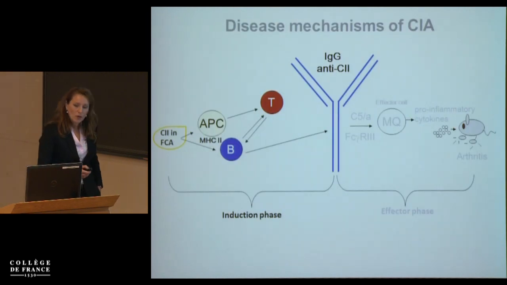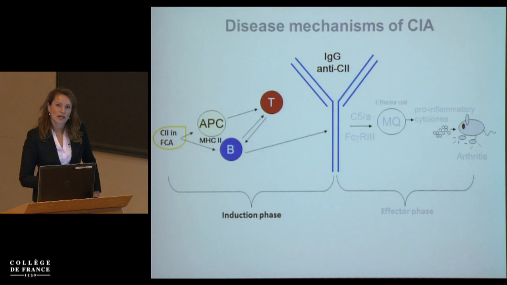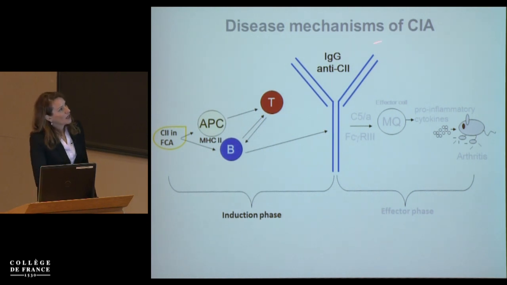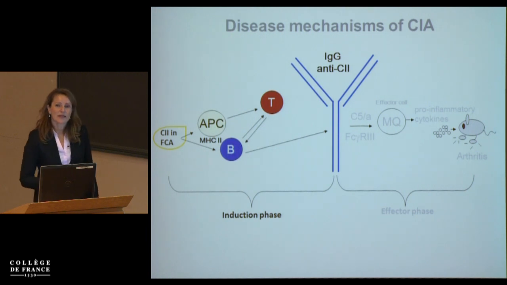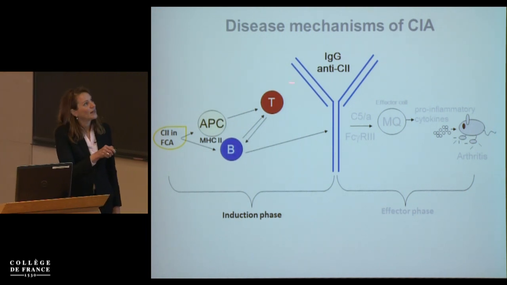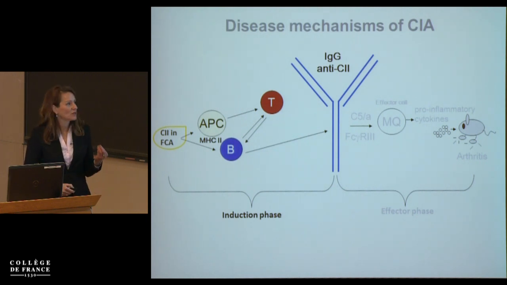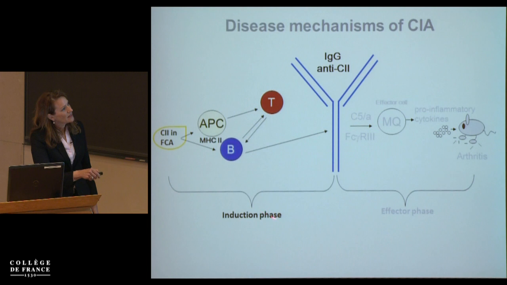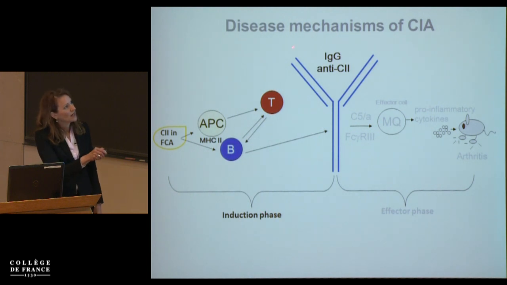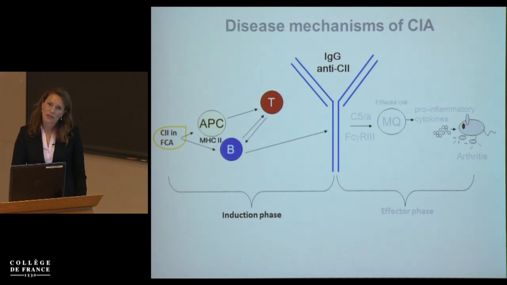So we know a little bit about the mechanism of this experimental model of arthritis, the collagen-induced arthritis model. Very important in this model is the immunoglobulin IgG, and it's specific for collagen. We know pretty much about the effector phase, where the antibodies trigger the inflammatory response in the joints, and you can see the manifestation of the inflammation. But what happens on this side, the induction phase, before the animal has produced this antibody, we don't know so much about.